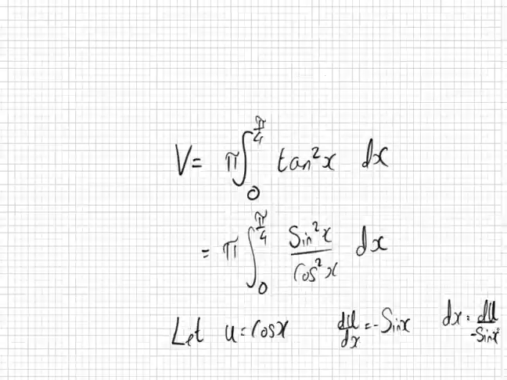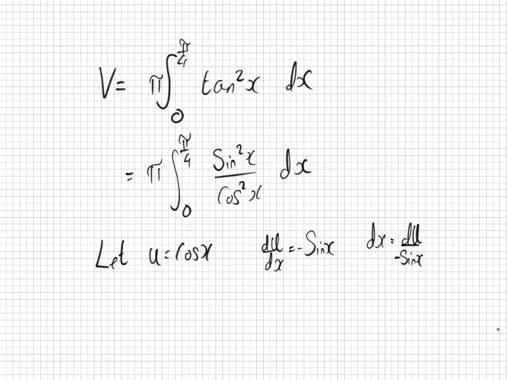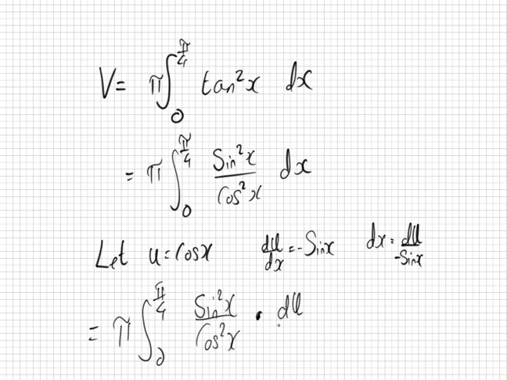So this now becomes pi, 0 to pi over 4, sine squared x over cos squared x, I'll change it in a moment, times du over minus sine x. Now that's nice here because the sine cancels the square and I can take the minus out in the front. So now I'm left with sine over cos squared.